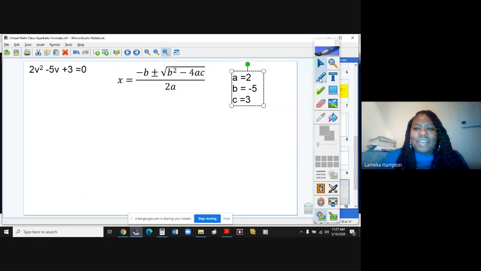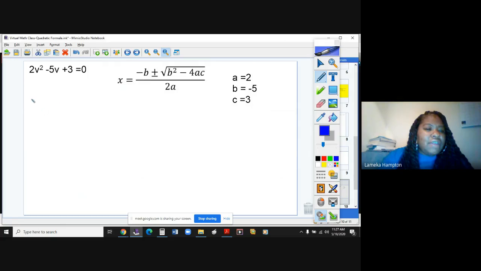Okay, so now I'm going to have to write everything out. So I have x is equal to -5, because remember, b is negative. But because my b is negative here, I'm going to write it in parentheses.